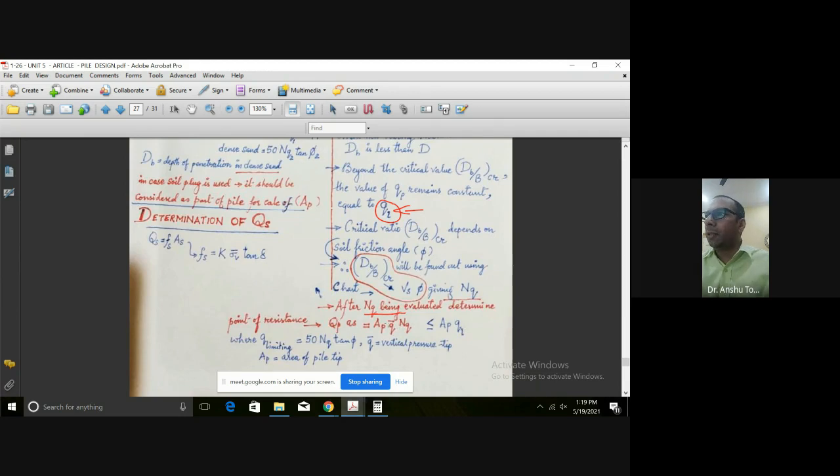So AP is common on both the sides. If you calculate only Q bar NQ, it should be less than QL. No need to put the area of the point bearing into the formula, where Q limiting is 50 times NQ tangent phi.